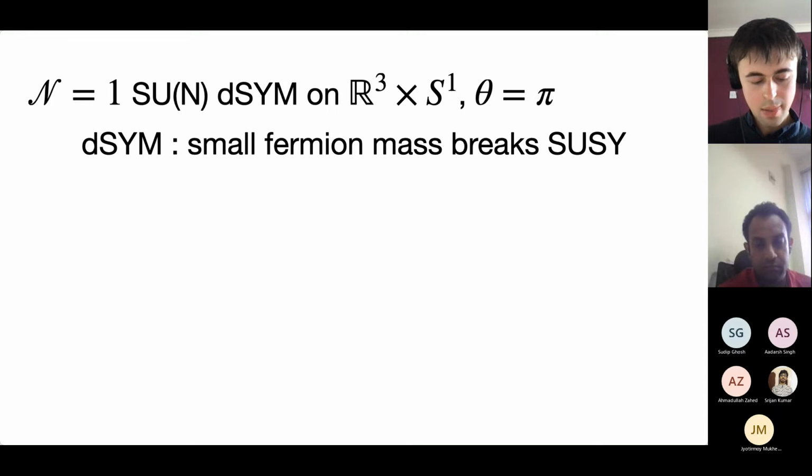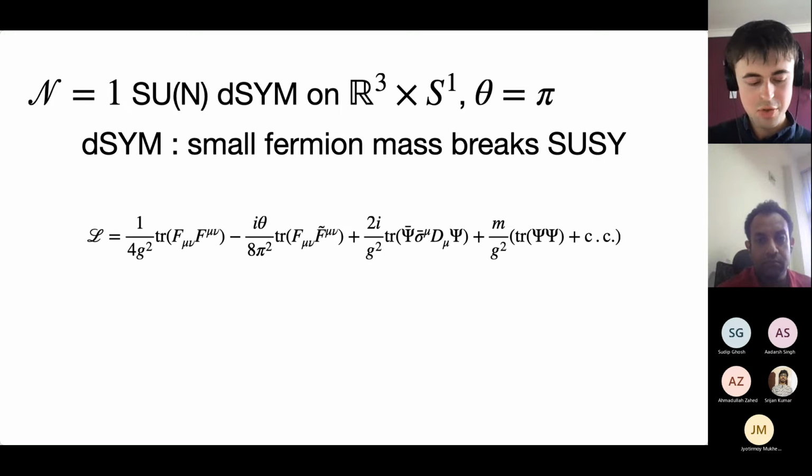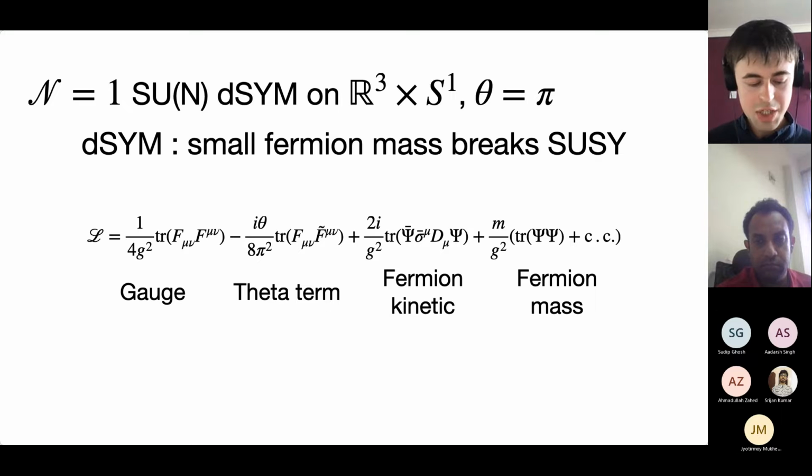By deforming super Yang-Mills, what we mean is that a small mass is given to the fermions, which breaks supersymmetry. So this is the action. There's the gauge kinetic term, the theta term, which is topological, the fermion kinetic term, and then there's the fermion mass.